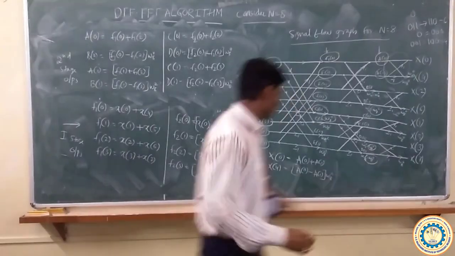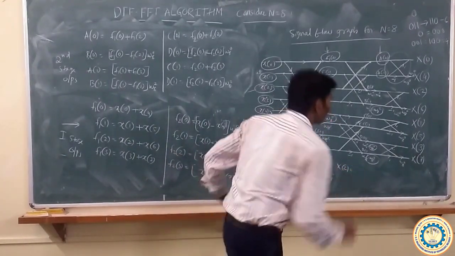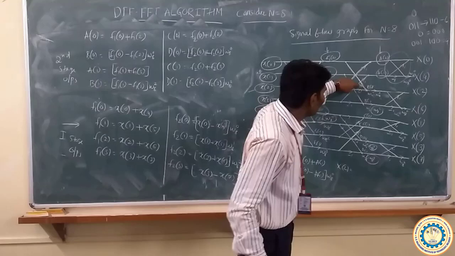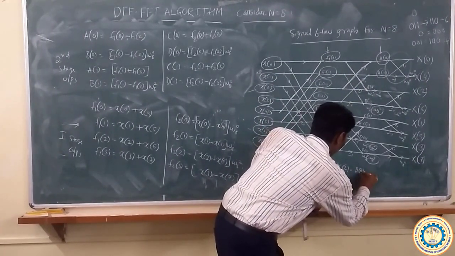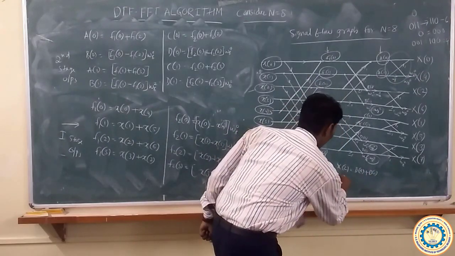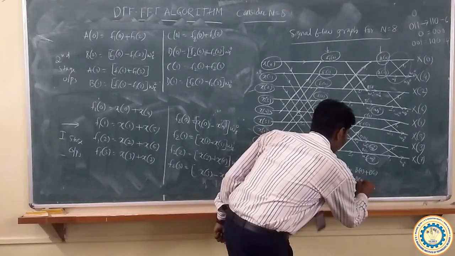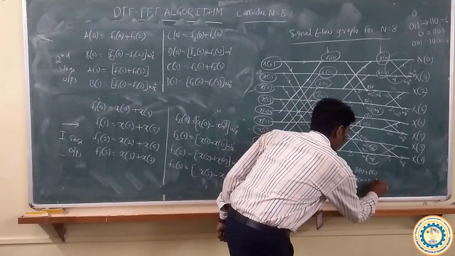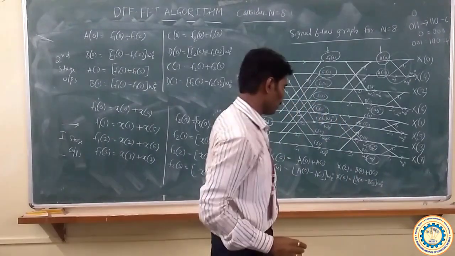Similarly, I have x of 2. X of 2 is equal to b of 0 plus b of 1, and x of 6 is b of 0 minus b of 1. It will be multiplied by the middle factor w8 0.